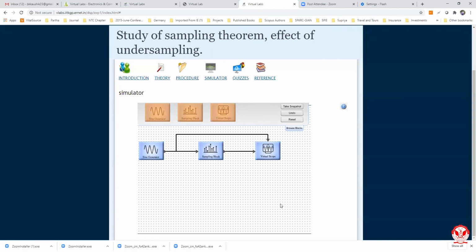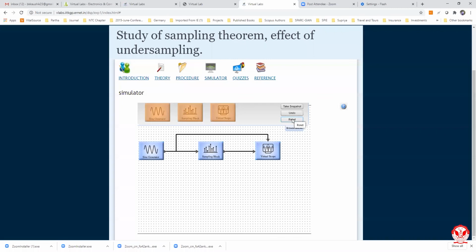Now we will see one more thing here about the cross connections and some discrepancies in the connections. We have 3 more buttons: take a snap tool, undo, reset, and one more, help. With the help button, we can understand the whole procedure also.